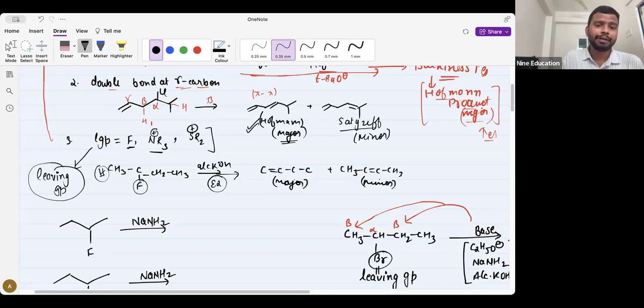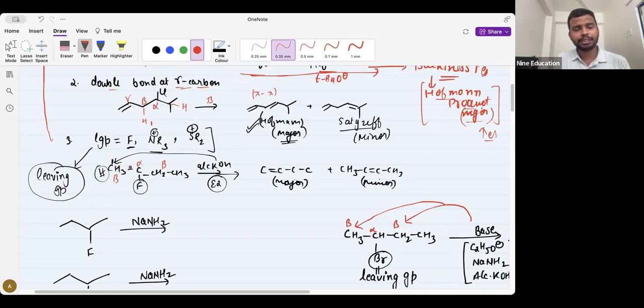So this base will come and attack this hydrogen of this carbon. So this one is alpha, this one is beta, this one is beta. So it has to take a beta hydrogen, beta elimination, beta hydrogen चाहिए. तो ये वाले को, our Hoffman product will be our major and the Zaitsev product will be our minor.